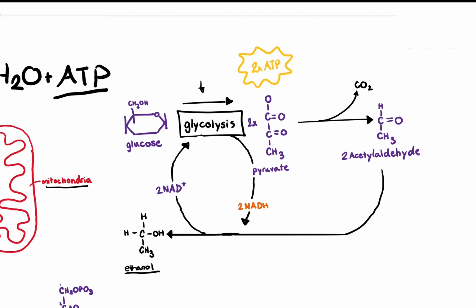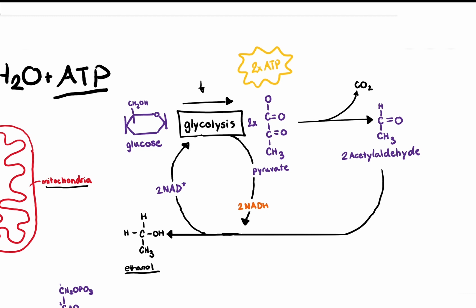And here's where fermentation comes in. It uses the NADH that is produced in glycolysis from NAD+, and through the production of ethanol, it can reproduce the NAD+ molecule, and therefore glycolysis can continue. And therefore, fermentation continues this cycle.